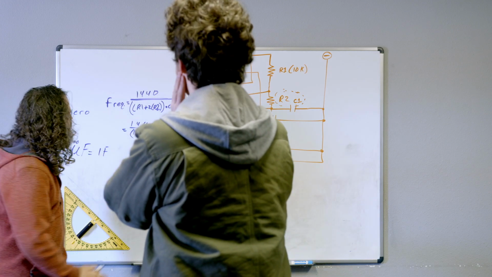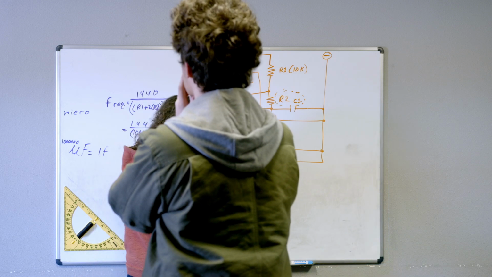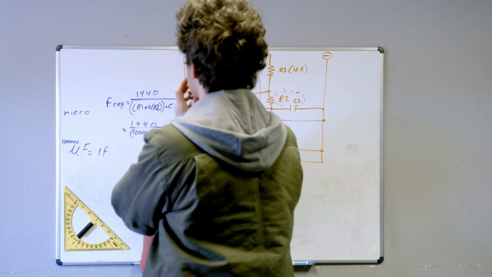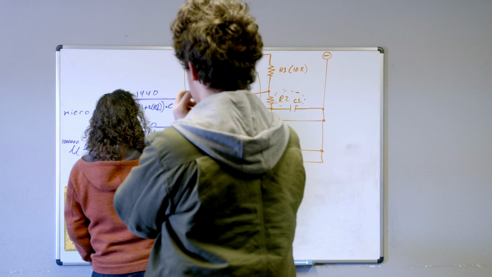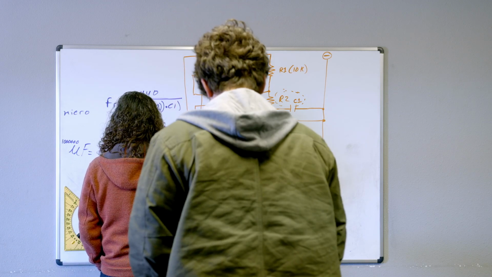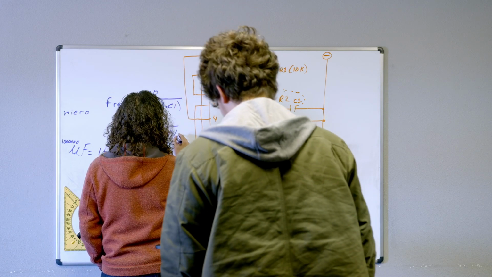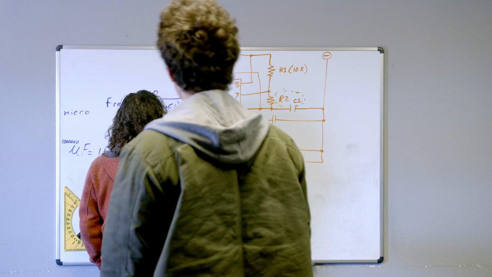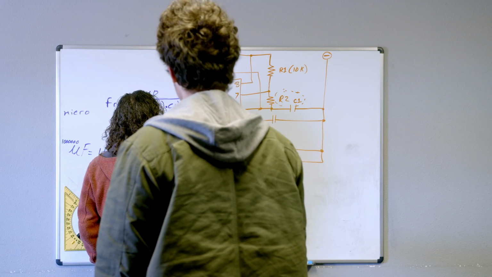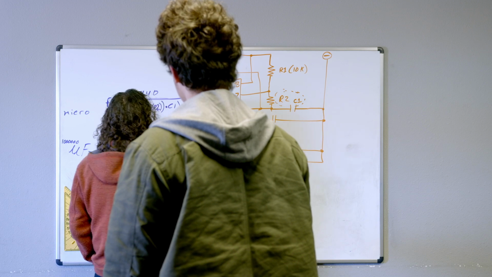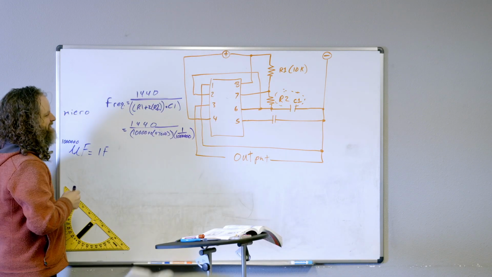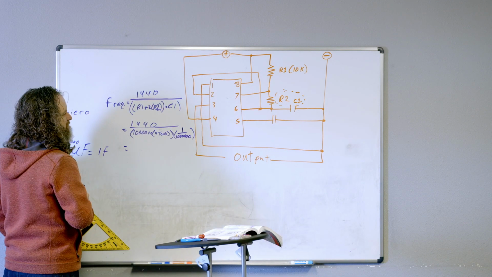So I don't know for sure if this is supposed to be in farads or microfarads. We're about to find out, I imagine. So you said 1 microfarad? 1 microfarad. So times 1 over 1,000,000. Let me grab my calculator real quick.